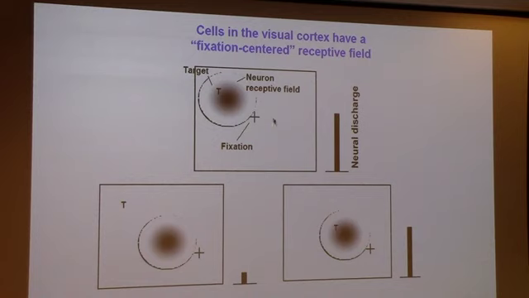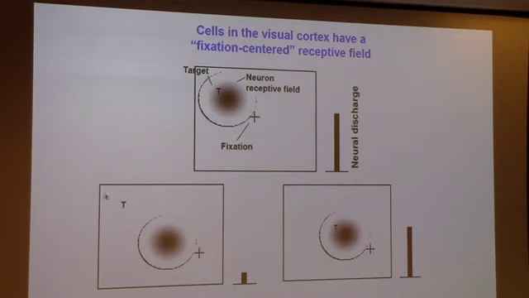However, if I ask him to fix his vision on another point, this one, the receptive field will move together with this fixation point, and the relative position between the receptive field and the fixation point will remain the same.